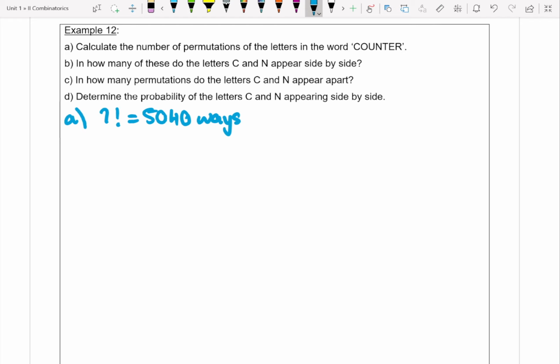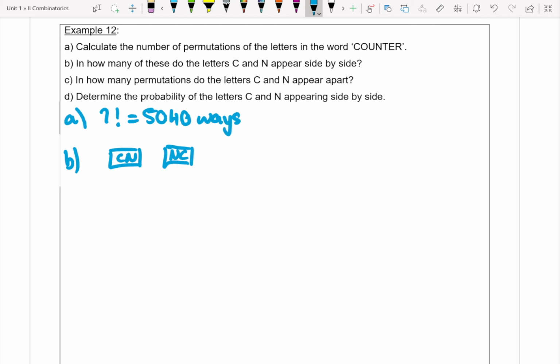Part B, in how many of these do the letters C and N appear side by side? So we have to consider that we're going to have CN or NC somewhere along this word. So imagine that you get some rope and you tie them together. They're considered as one unit.